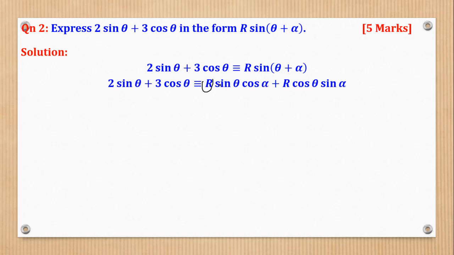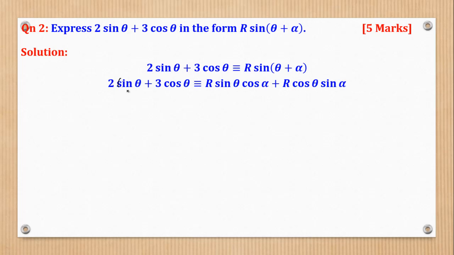So r is constant, then r sine of theta plus alpha is equal to r times sine theta cos alpha plus cos theta sine alpha. Then this r multiplies this here and here. Then from there, because of this equivalent sign, you can compare.